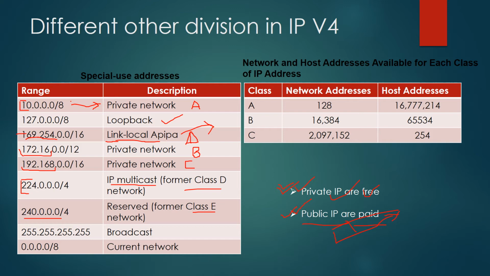You can say these are the reserved IP addresses. So what is this multicast address used for? Multicast addresses we use basically for multicasting for different protocols like RIP. We have the multicast address of RIP, 224.0.0.9. Similarly for EIGRP it is 224.0.0.10.